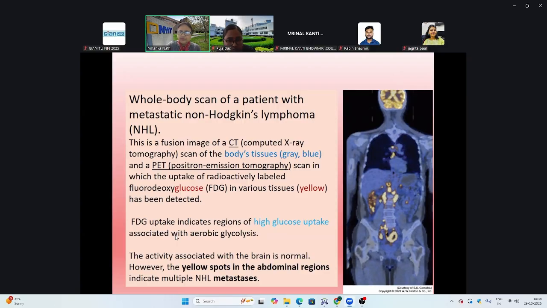All the body tissues here are shown in gray and in blue. But glucose was given, and the way that the radioactive glucose is given, it's fluorodeoxyglucose. I guess that's probably the standard. And it shows up in various tissues as yellow. So you have yellow here, yellow here.